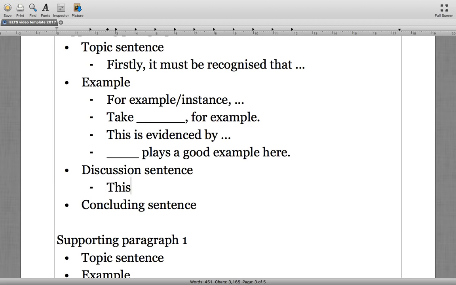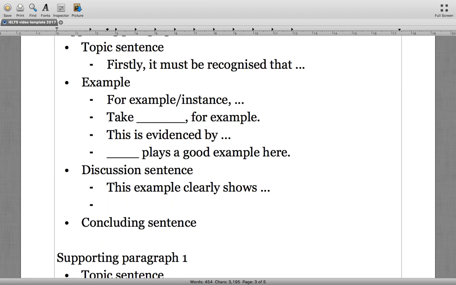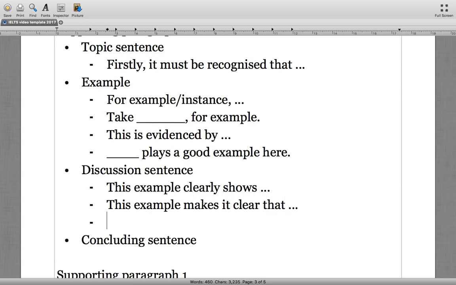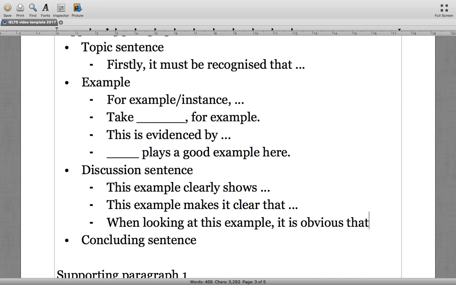So we would say something like, this example clearly shows, and then whatever logical conclusion we're leading to, or this example makes it clear that, and then carry on, or when looking at this example, it is clear, it is obvious that, and then whatever the logical conclusion is.